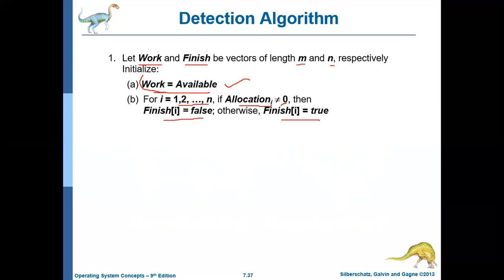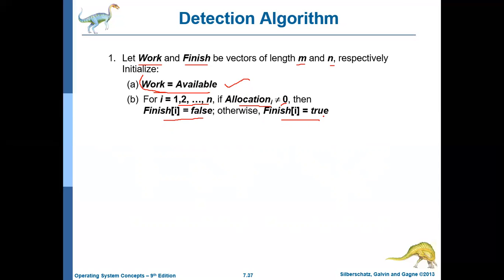See, allocation of i will be equal to 0 only if the process has completed execution. Otherwise, it will have some resource, right? So if some resource is already allocated, then the process is working using that resource and doing some task. So it has not finished. So finish is false. If no resources are allocated, then you can assume the process is finished.